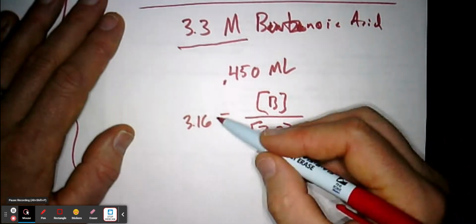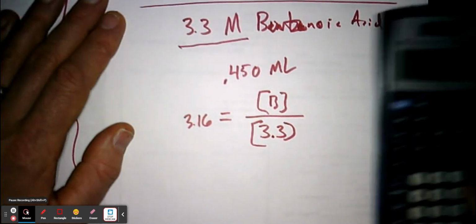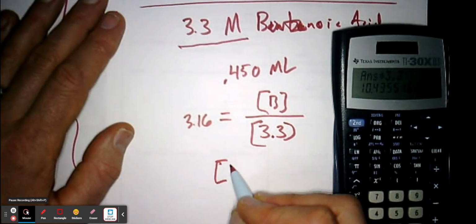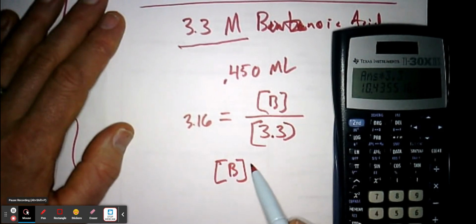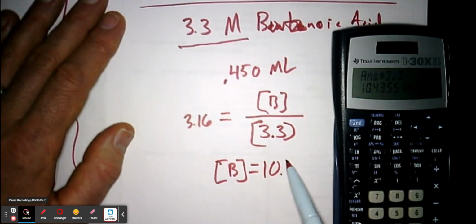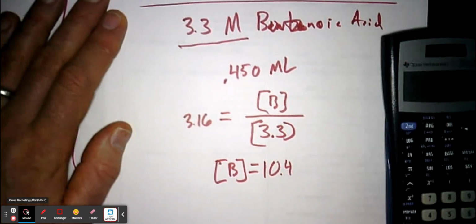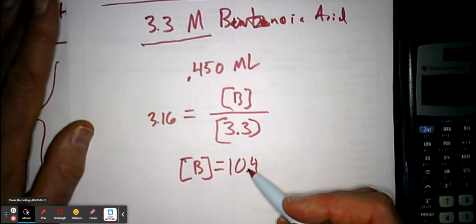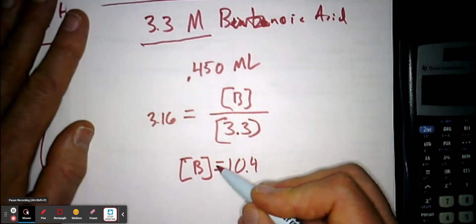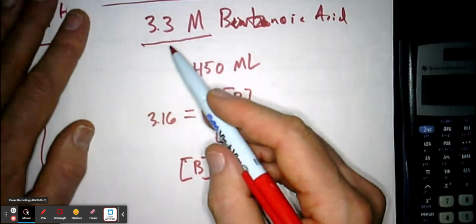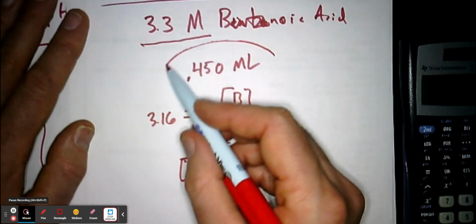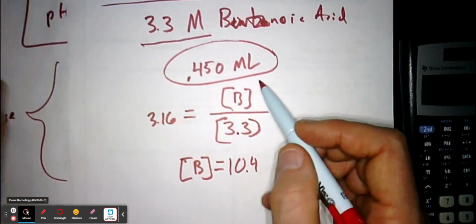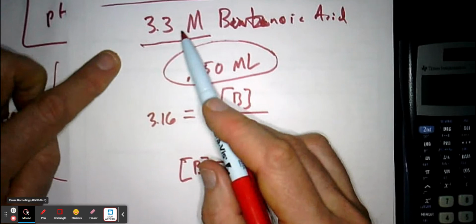What concentration of B would give me that? I'd multiply these together and I'm going to get 10.4. I need my base to be a concentration of 10.4. That's pretty high, but there you go. And then this is the molar concentration, if I'm starting with this. This 450 milliliters didn't play into this problem because I already have a concentration here.